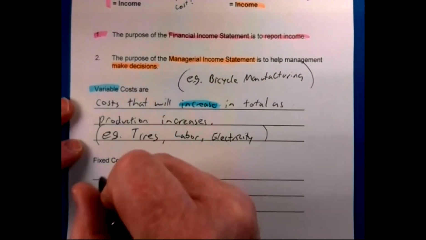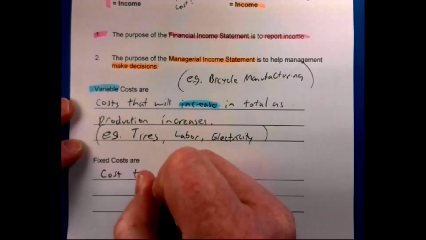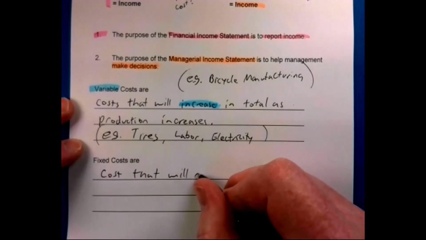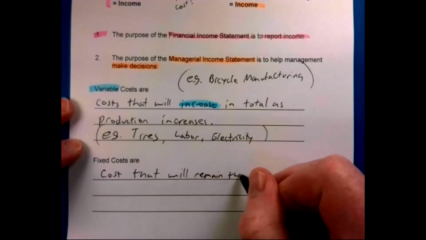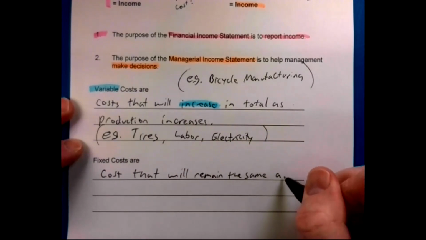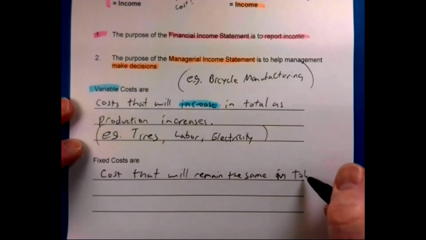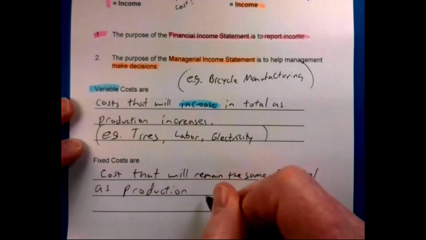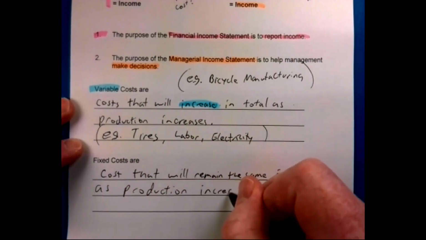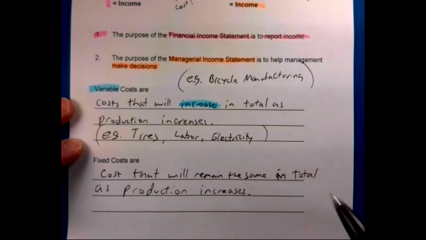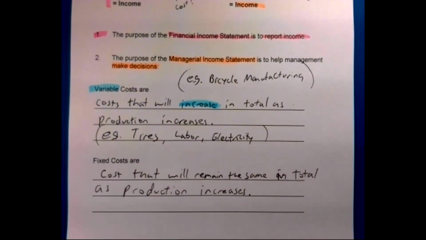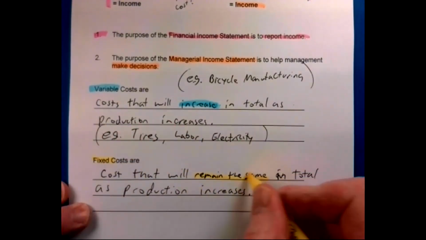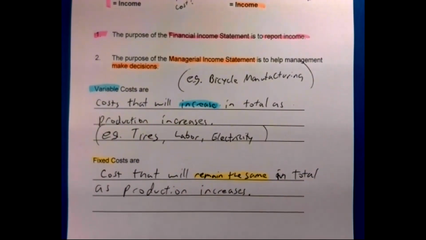Okay, fixed costs. These are costs that will remain the same, or be unchanged, in total. So they will not change. They'll be exactly the same.